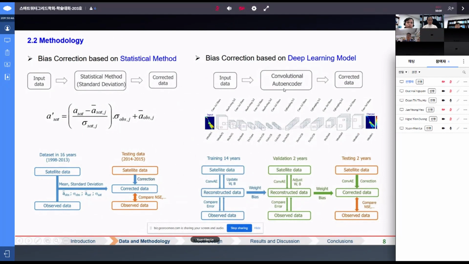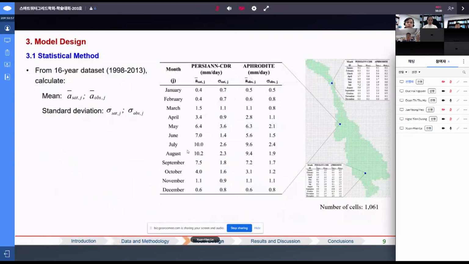And the deep learning model is based on the convolutional autoencoder neural network. In the next slide I will give you some detail about the statistical method and the deep learning model.